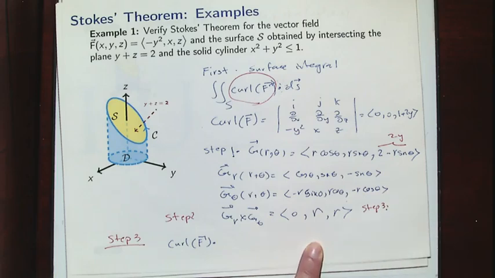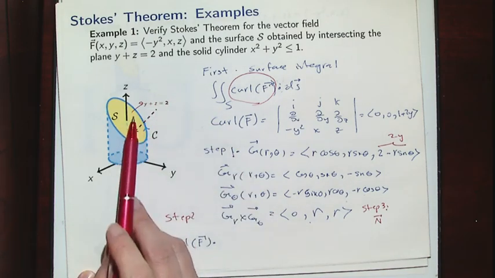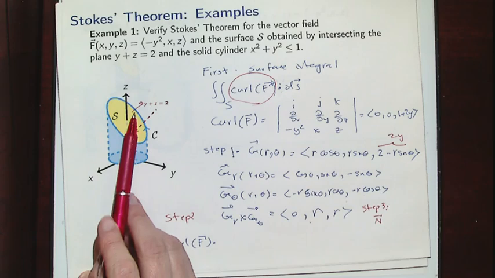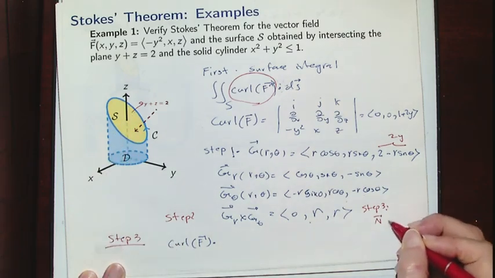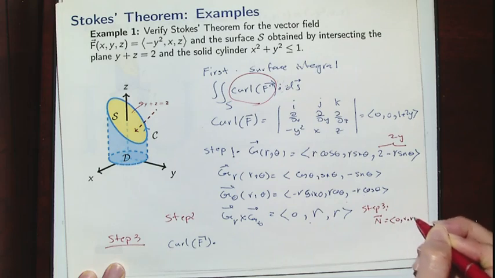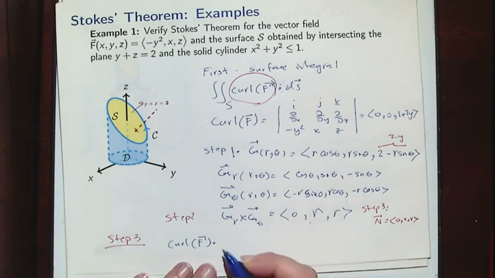I have to choose n. Is n in the right direction? Well, n is going this way. Are y and z going to be positive or negative? Positive. n is the right direction.